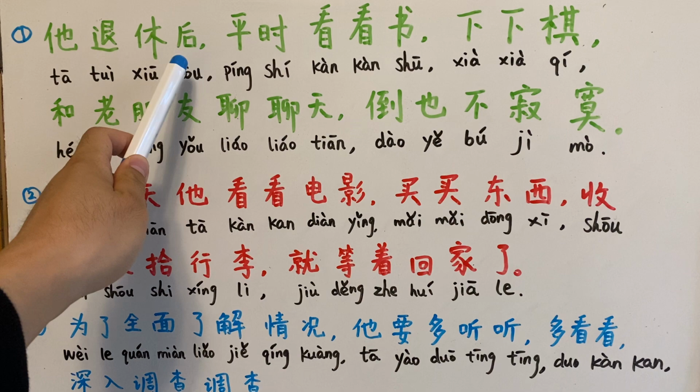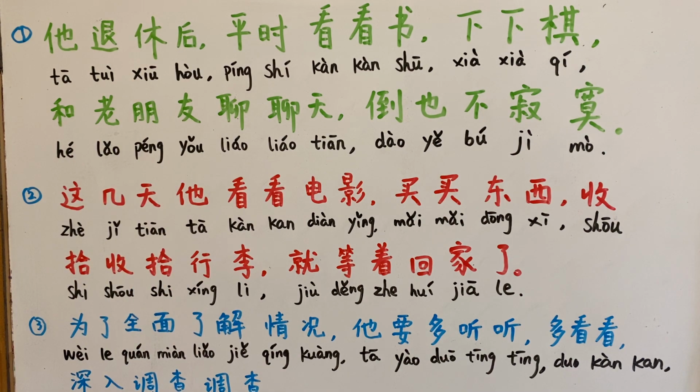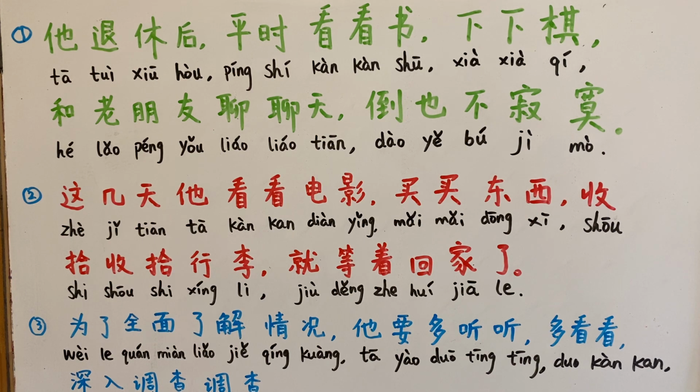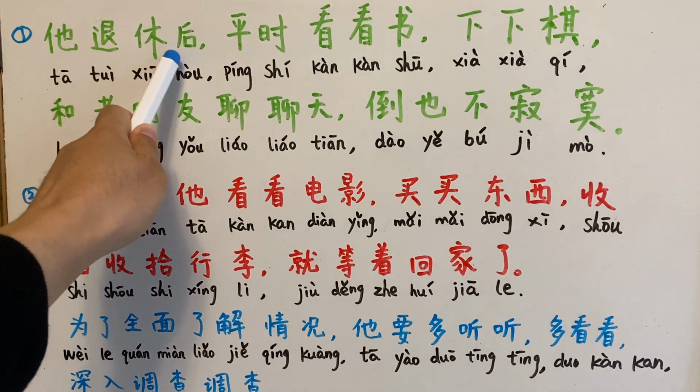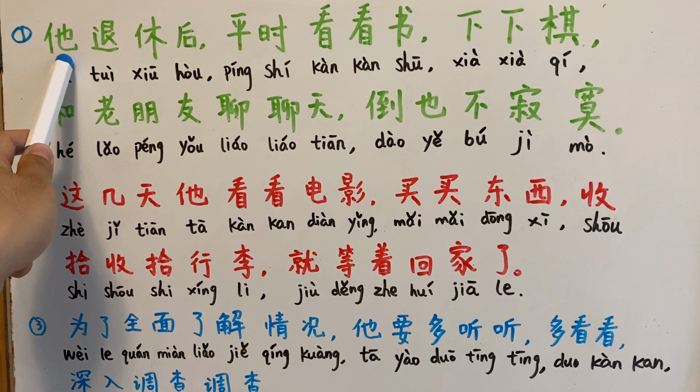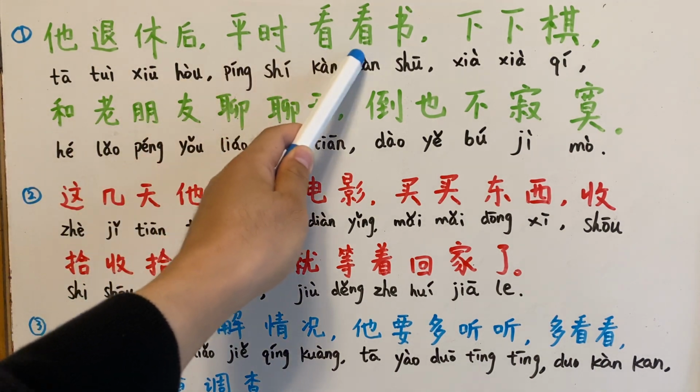他退休后, after his retirement, 平时 means daily or regularly. 退休后 is the adverbial, and 他 is the subject. 他平时看看书.